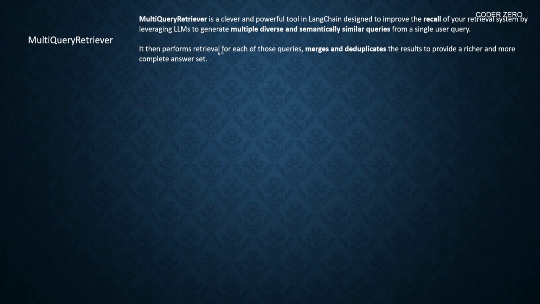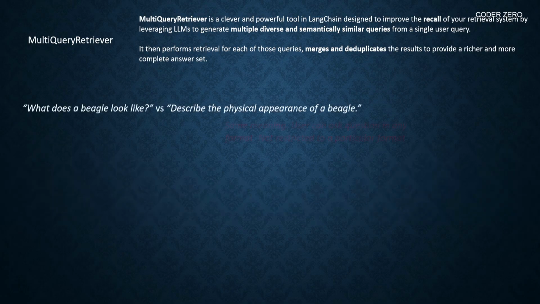It then performs retrieval for each of those queries, merges and deduplicates the results to provide a richer and more complete answer set. Let's take an example to understand this. If we have this question, what does a beagle look like, and this one, describe the physical appearance of a beagle, they both talk about the same thing, that is the appearance of a beagle.